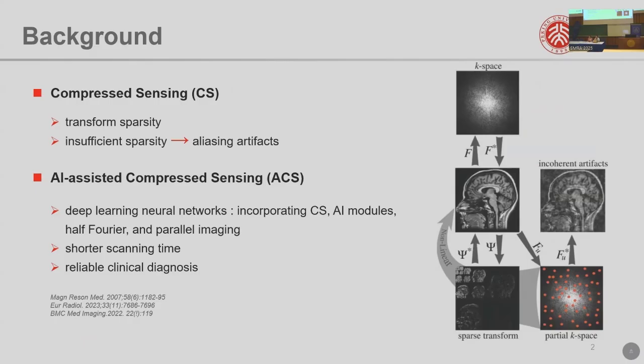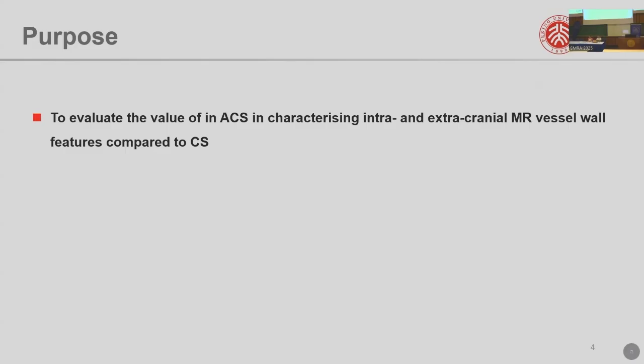Artificial intelligence compressed sensing, incorporating AM modules, CX, alpha Fourier, and parallel imaging to introduce deep learning neural networks into the reconstruction process, has been validated to be an effective method. This study sought to evaluate the value of ACS in characterizing intra- and extracranial MR vessel wall imaging compared to CS.